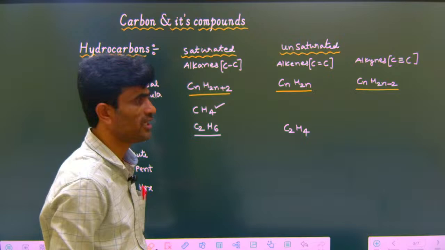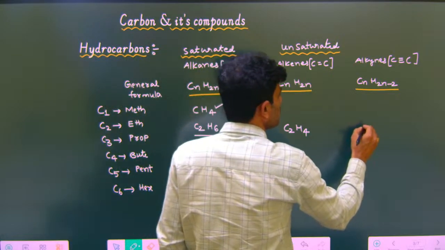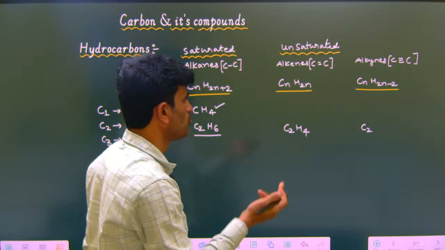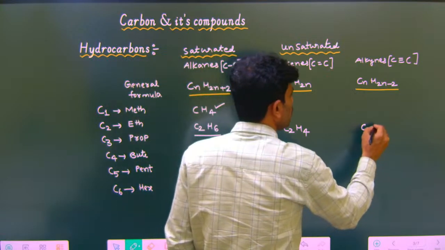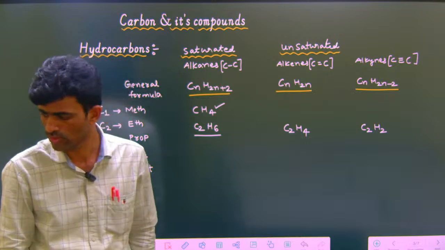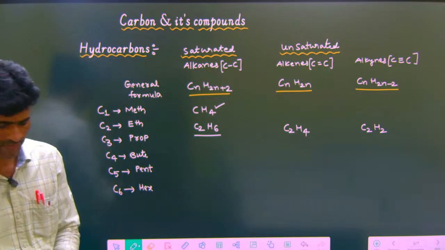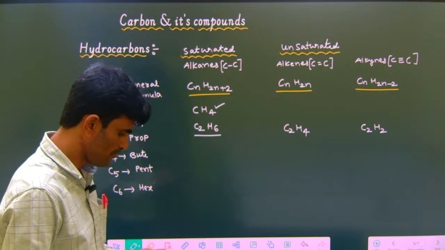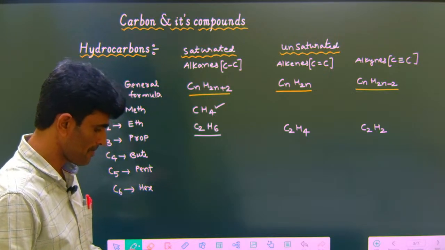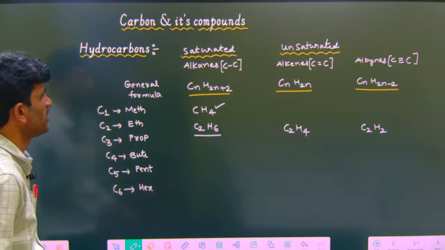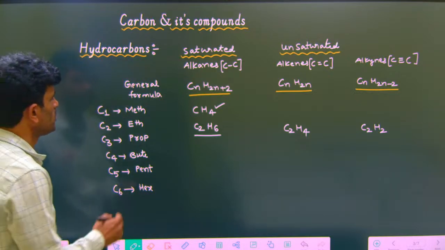This is ethene. Then what is ethyne? 2 into 2, 4, 4 minus 2 is 2, so it is C2H2. Hope you understood how to write molecular formulas of alkanes, alkenes and alkynes based on general formulas.